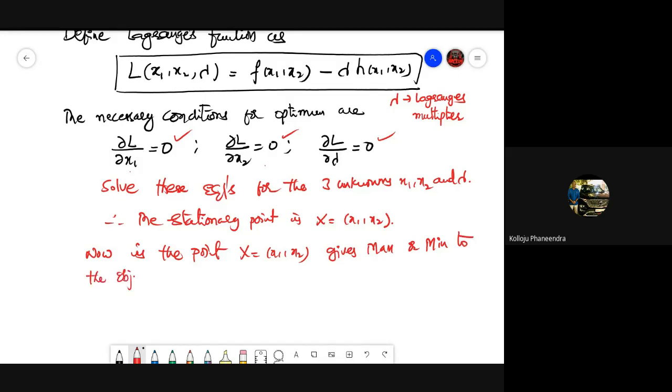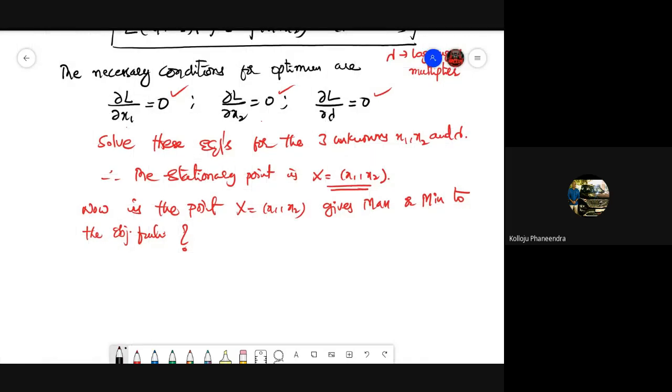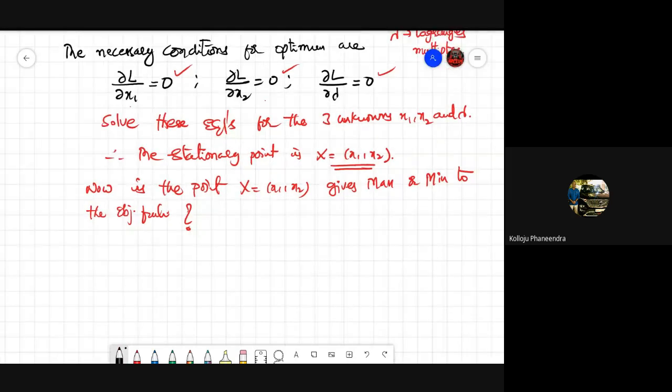Let us check. That is the question. This is my solution point. Now I have to check whether this point is giving maximum or minimum. Then the sufficient conditions.